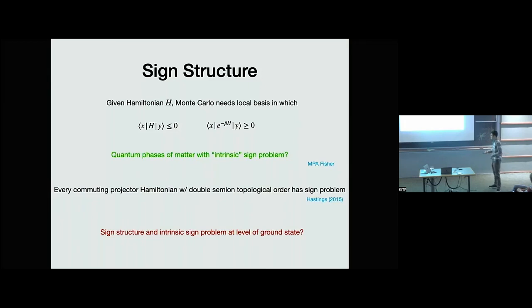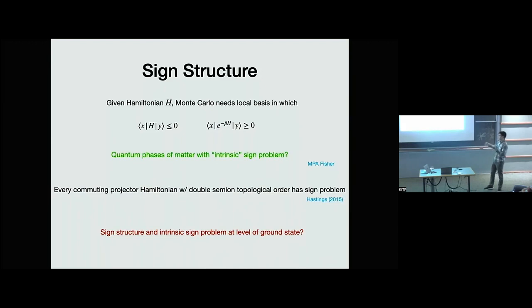One can ask similar questions about the ground states of local Hamiltonians, not just the Hamiltonian itself. Are there ground states in which there's no local basis change that will remove all the signs in the amplitudes of the wave function? If so, we would say that the ground state wave function has an intrinsic sign problem.